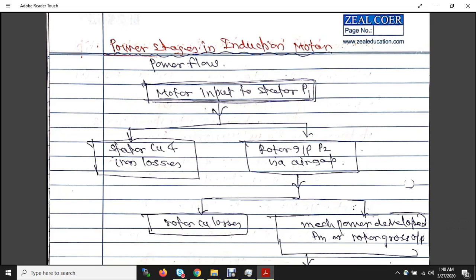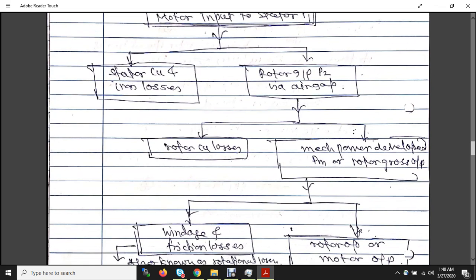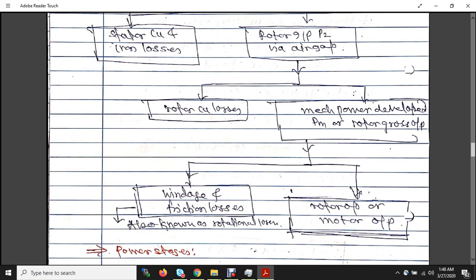That is very small, and therefore the eddy current and hysteresis losses are negligible. So if you subtract the rotor copper losses from the rotor input, you will get the rotor gross output or mechanical power developed in the rotor, also denoted by PM. Now from this rotor gross output, if we subtract the rotational losses, also known as mechanical losses or windage and friction losses, we will get the rotor output or motor output at the shaft. So these are the power stages.